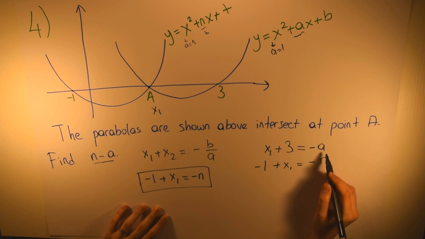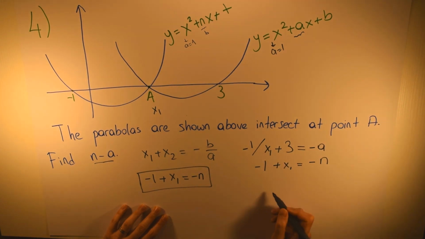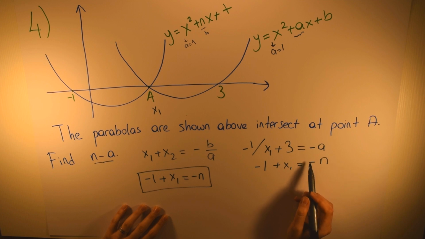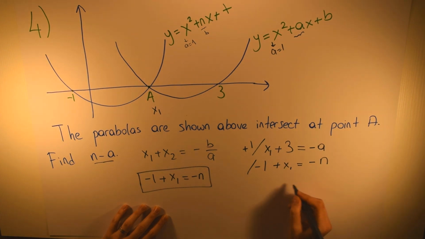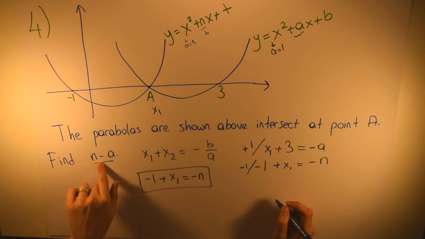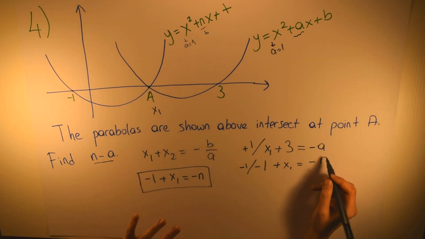If I multiply this one by minus 1, it will cancel out this x1, but it will make this minus a plus a. So no, it will not work. I need to multiply this one by minus 1. Why? Because I want to make n positive and I want to leave a as it is.